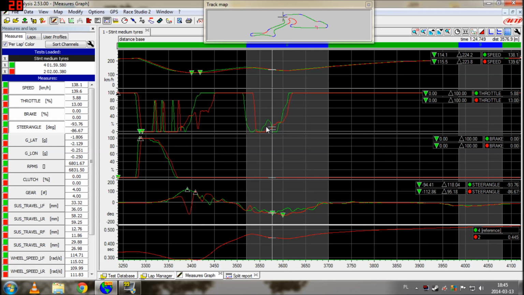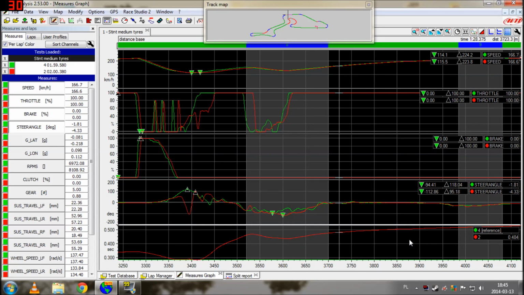Then I have a little blip, I noticed that I released the brake too fast. I wanted to give more speed for the apex, and then again quicker, better, smoother throttle work at the exit. That's why the gap goes up.